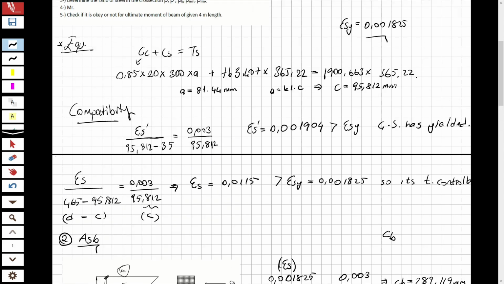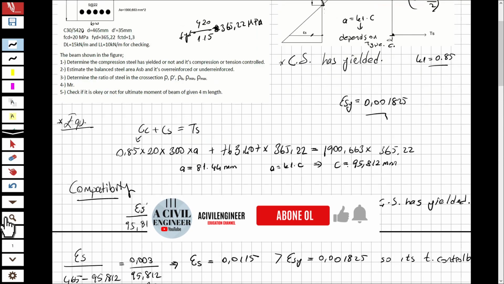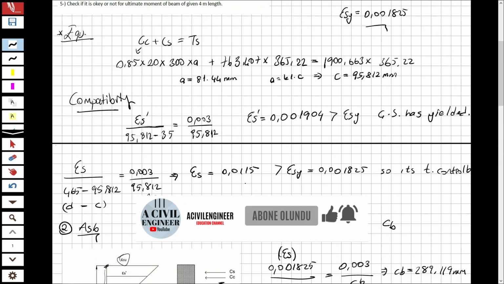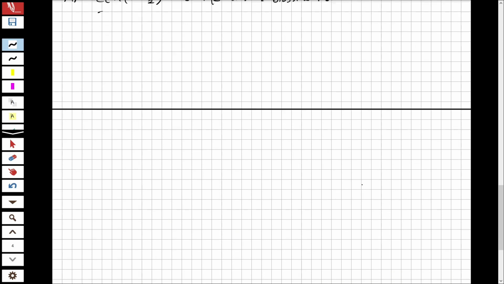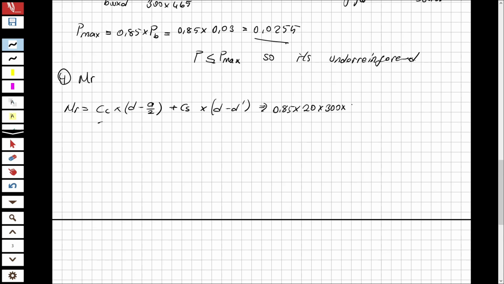I obtained it at the first a. Sorry, I'm gonna have to find it. 81.44, okay? 81.44, and multiplied with the moment arm.